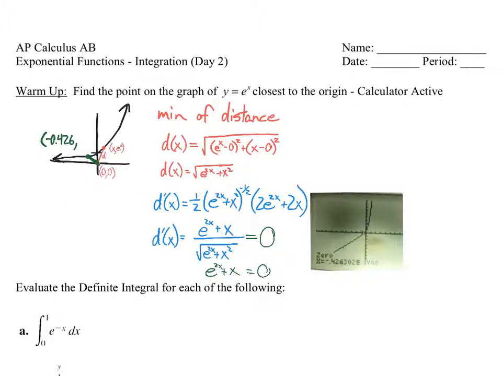And the y is 0.653. You did 0.653? Yeah. You do e to that power, 0.653 would be your y coordinate. So there's our solution: negative 0.426, 0.653.